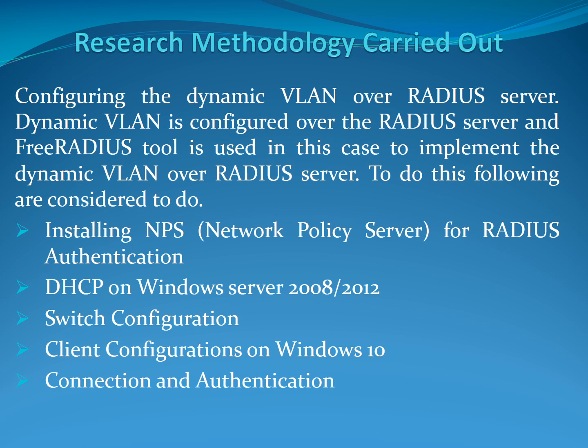And the next one is the switch configuration. Basic switch configuration is required to support the dynamic VLANs and configure the RADIUS server IP address and key on the switch, and client configuration on Windows 10, and connection and authentication.